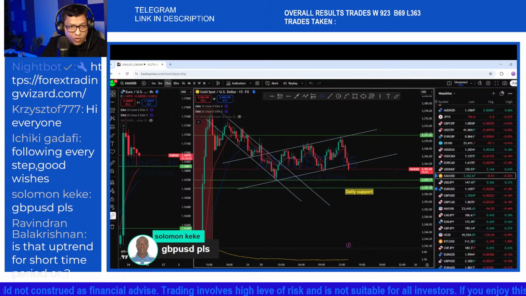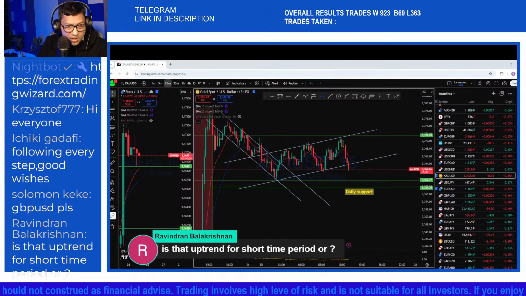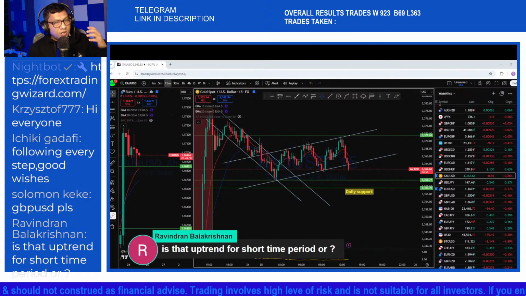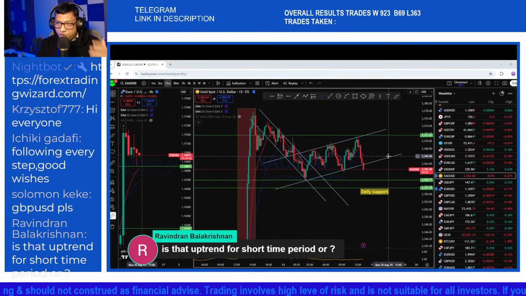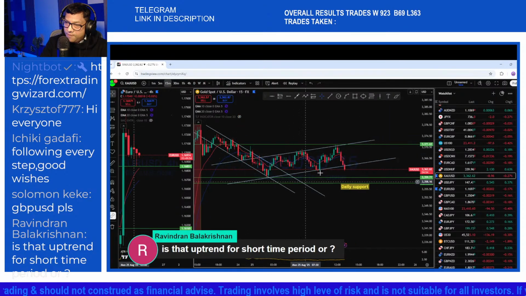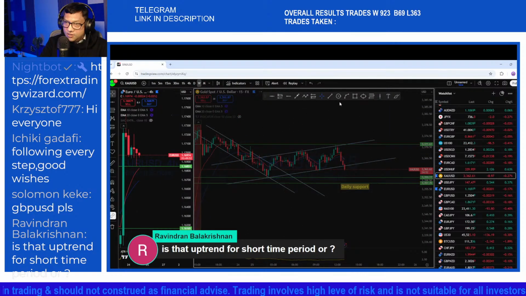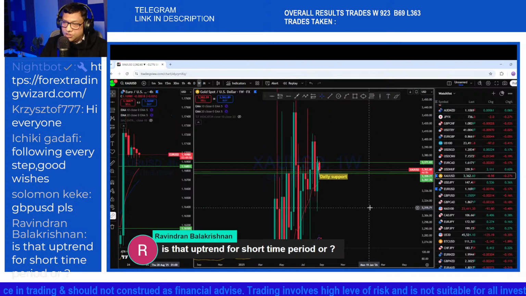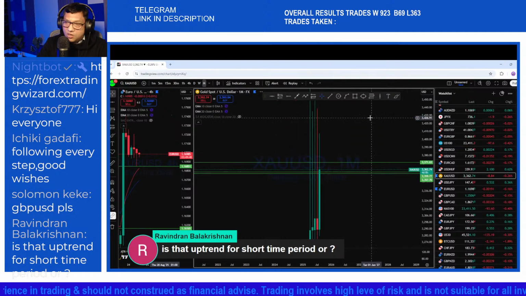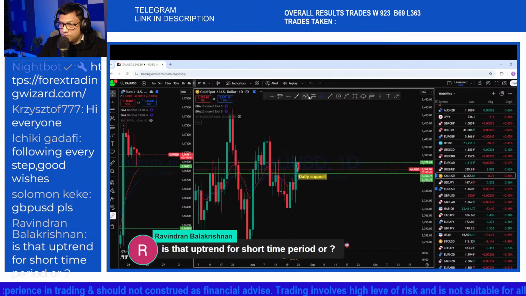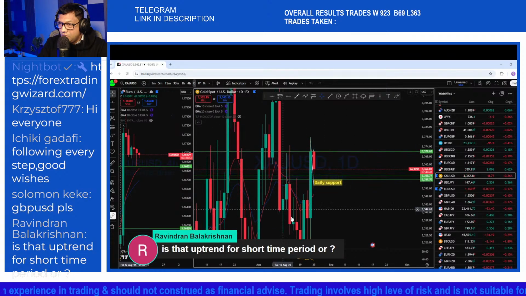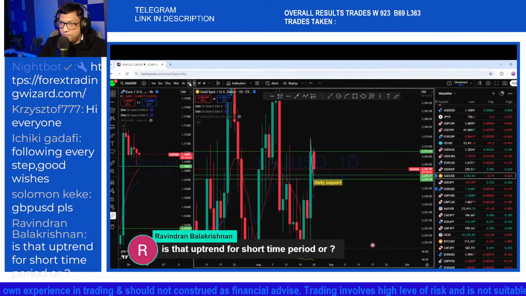Is there an uptrend for a short-term period? This is what we are discussing. So the uptrend here, if you look at the bigger picture, the trend is long term. If you look at the daily, we can see that it's a bull market.